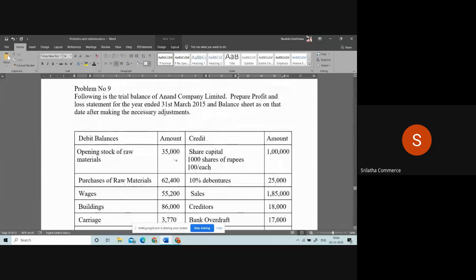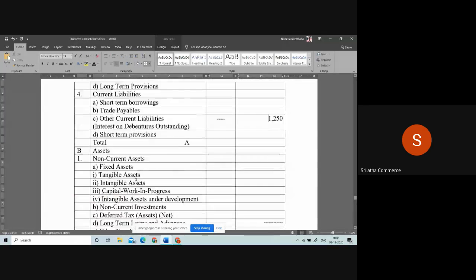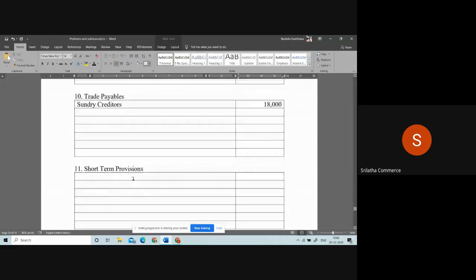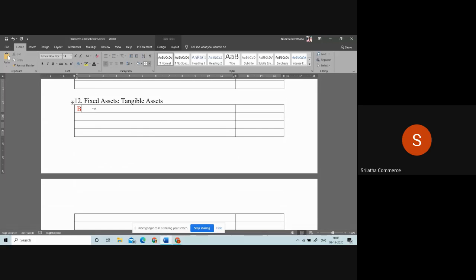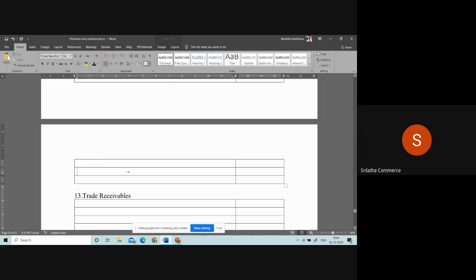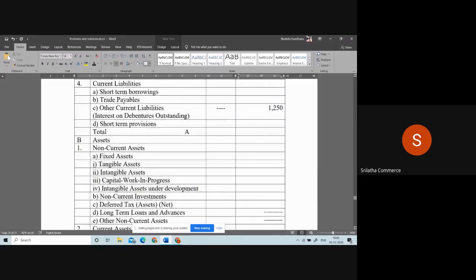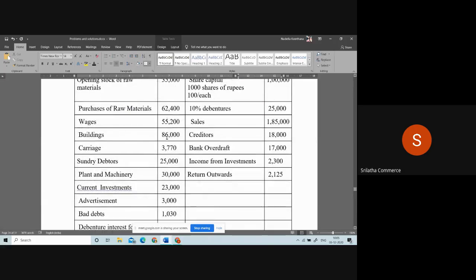Now come to the debit side. Opening stock over, purchases over, wages over. Buildings come under tangible assets, 86,000. So buildings, tangible asset, no depreciation, directly take it to the outer column. Buildings, 86,000, no? Then after buildings, carriage over.